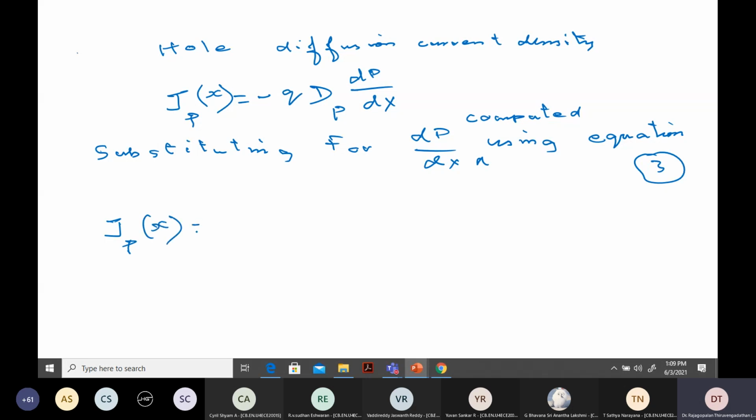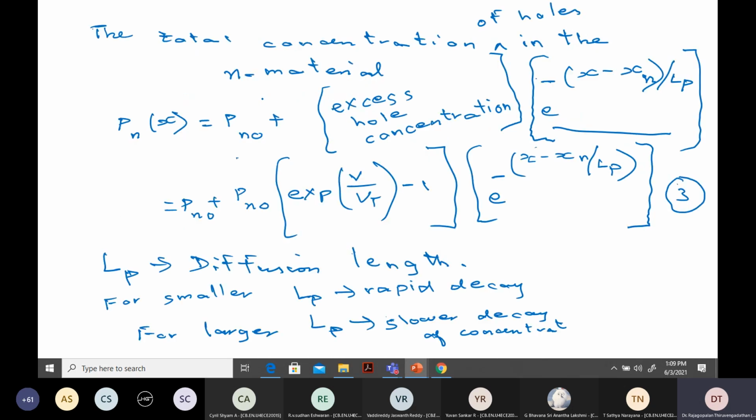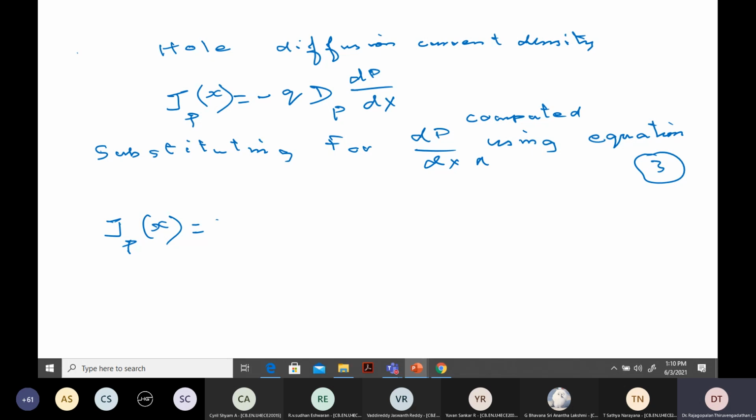I will write the expression directly. There is a dp by dx here. There is a negative sign here. Now look here. There is an exponential decay here, but there is a negative term, and the negative term only says it is exponentially decaying. So when I take the derivative, e power minus x by LP will bring out a minus, and that minus of minus will become plus.